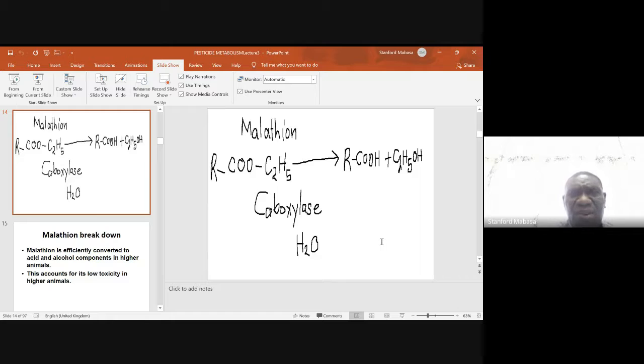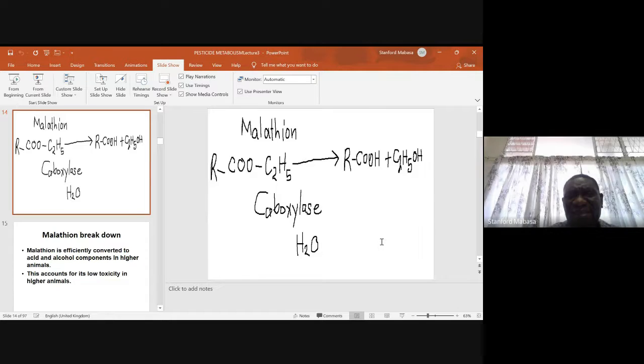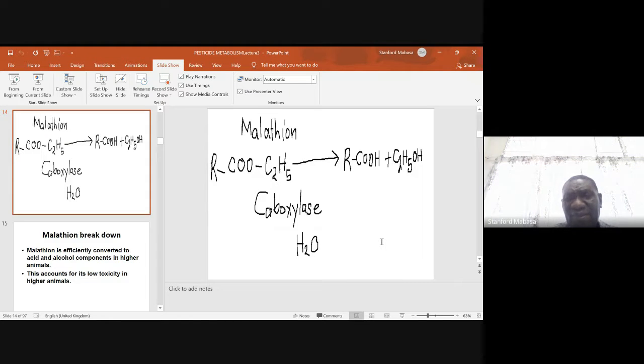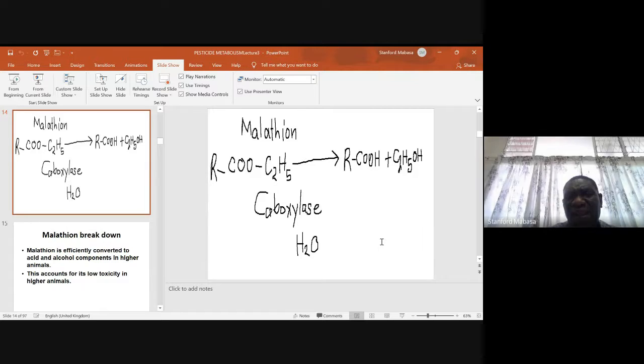You could be aware of malathion dust. This is an insecticide. This malathion is actually an ester.